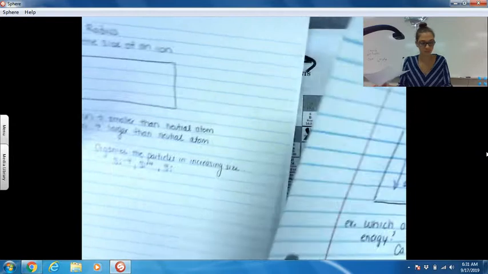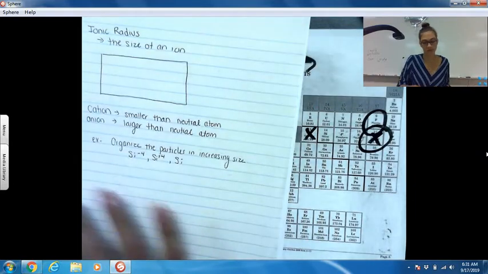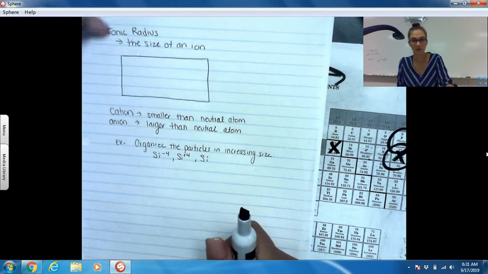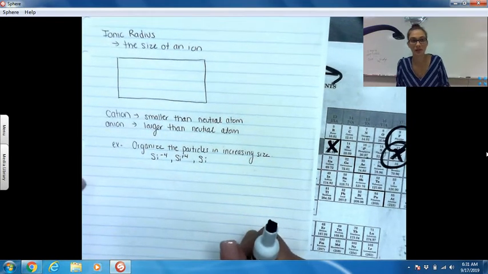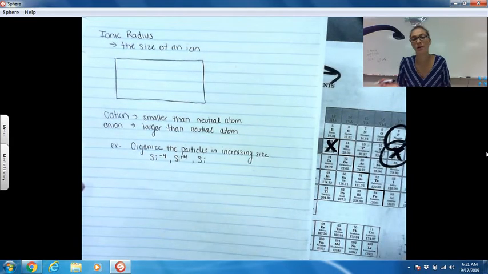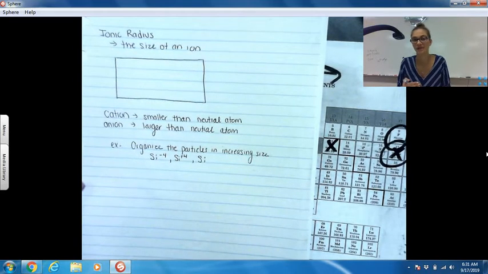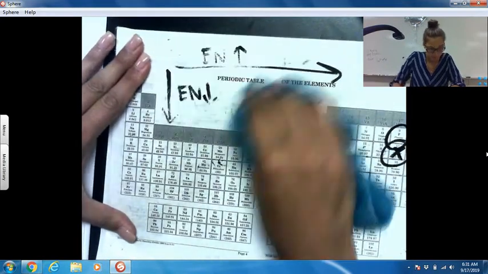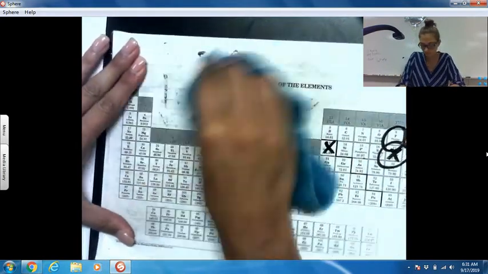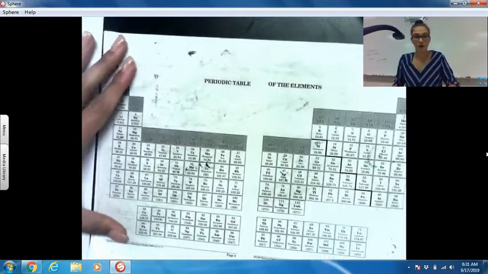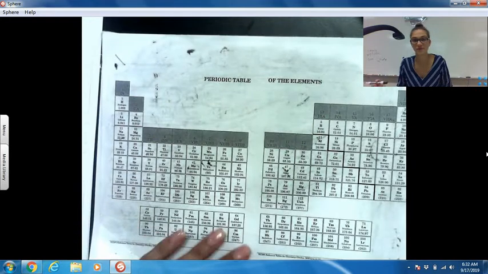Last trend, ionic radius. So we've already seen atomic radius. Ionic radius is very similar, but it's the size of an ion, where atomic radius was the size of an atom. Okay. So for the most part, ionic radius follows the same trend as atomic radius.